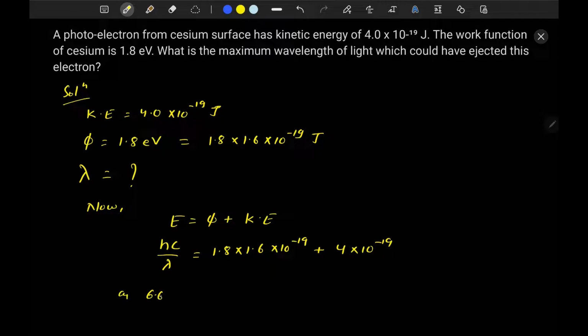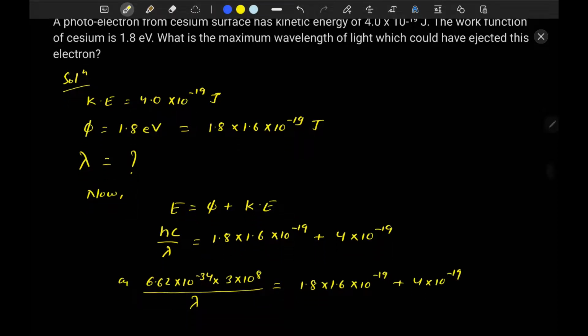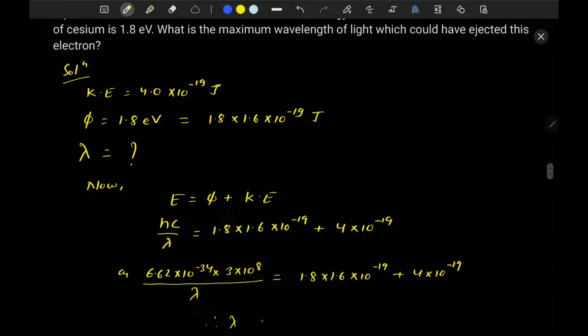Substituting the value, 6.62 into 10 power minus 34 into 3 into 10 power 8 by lambda is equal to 1.8 into 1.6 into 10 power minus 19 plus 4 into 10 power minus 19. Solving this, we get lambda as 2.89 into 10 power minus 7 meter, which is the required answer.